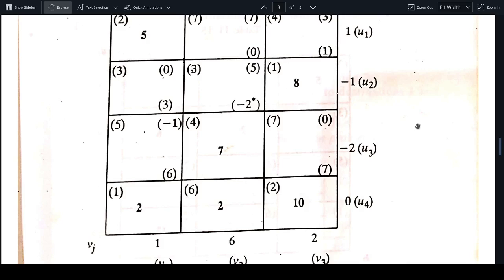Another thing we will see is dependent and independent positions, which I have given: how to consider whether it is dependent or independent. So always form a loop, otherwise you cannot solve.